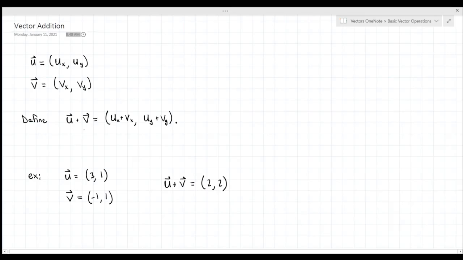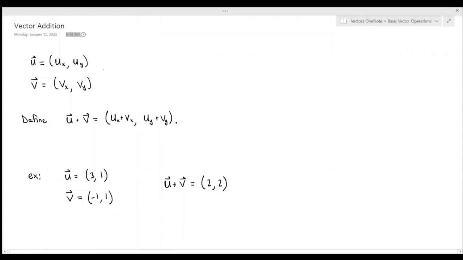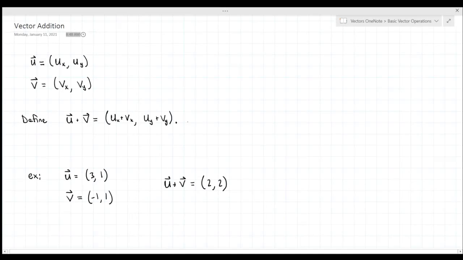To add the vectors together, we add their x components, and then we add their y components together. Likewise, if you had a third component, you would add their z components together to get the z component of the sum.